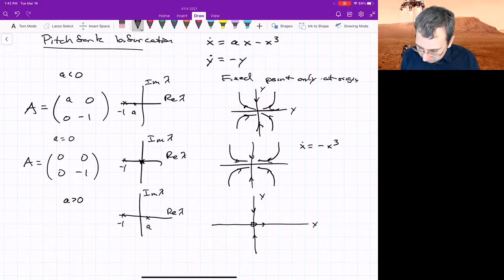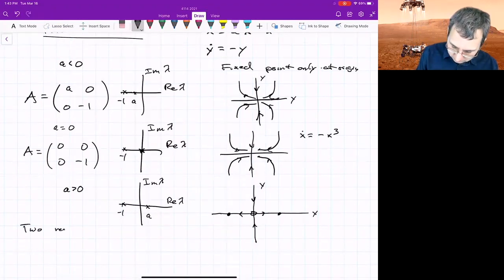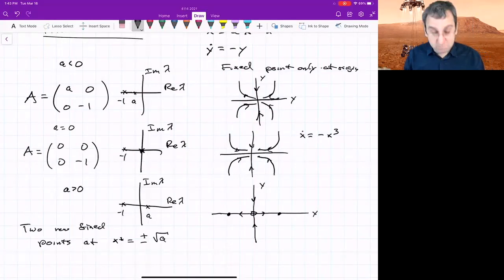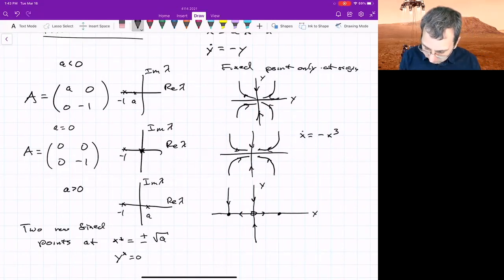But then things are moving away along the x-axis, and they're going to these fixed points, which if you work out what they are, they'll be symmetrically located, and we have 2 new fixed points along the x-axis. So at x star equals plus or minus square root of a, which is now positive, and y star equals 0. They'll be stable nodes.